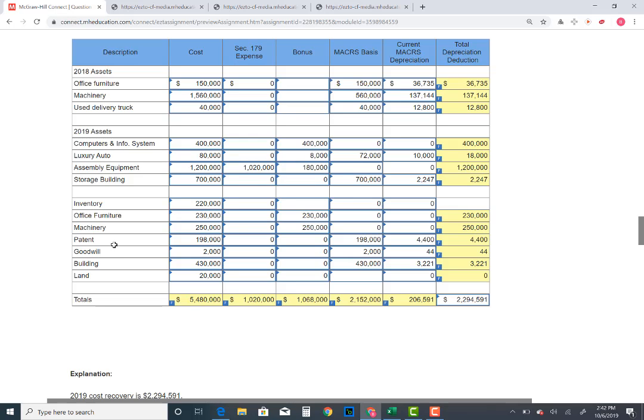Things like patents and goodwill are intangible property. You can't physically touch a patent or goodwill. It's an abstract notion, but they still have value. So we don't depreciate those, we amortize them. That's just a fancy term for depreciating intangible property.